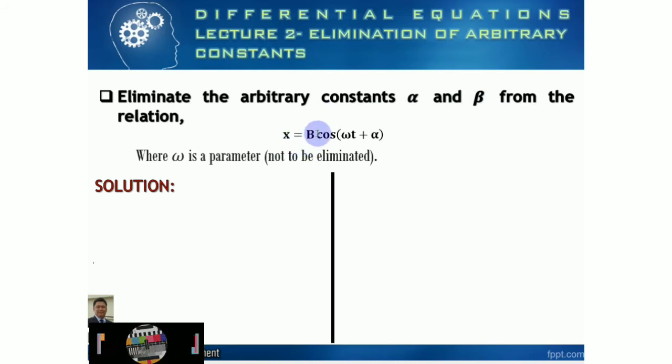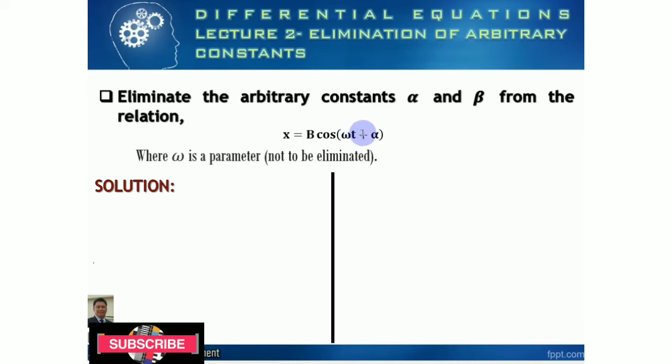So we have this given relation or equation: x is equal to beta cosine of omega t plus alpha, where omega is a parameter not to be eliminated. We are just after this beta and this alpha. So actually we need two derivatives, up to the second derivative, because of these two arbitrary constants. This is very similar to illustrative problem 1.